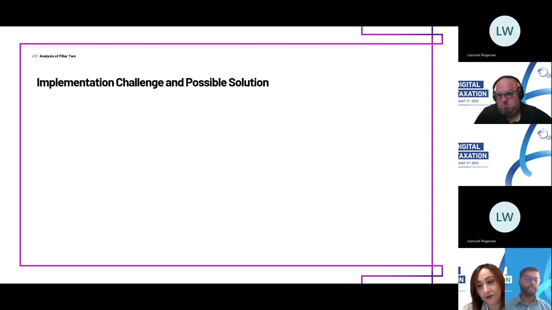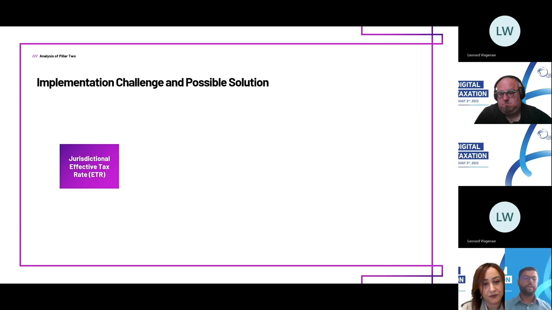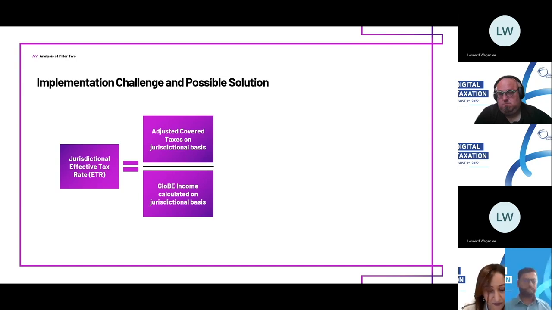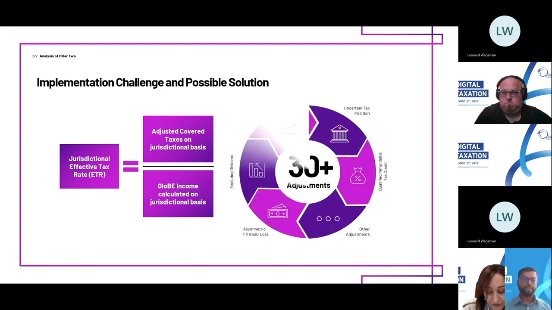If the ETR is less than the 15% minimum tax rate, then that jurisdiction would be an undertaxed jurisdiction. Now, OECD under Pillar 2 has prescribed a mechanism for computing a jurisdictional effective tax rate, the formula for which is adjusted covered taxes on a jurisdiction basis to GloBE income. While this formula looks quite straightforward, it requires more than 30 adjustments.